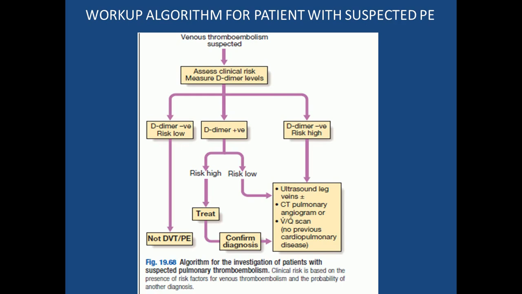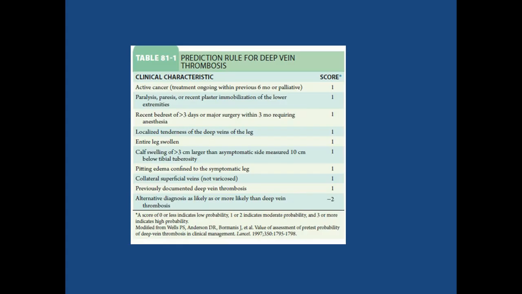If D-dimer comes negative and the patient is high risk, then also workup including CT. This D-dimer will not affect the suspicion, and we have to go on to prove or disprove the diagnosis by other more specific tools.